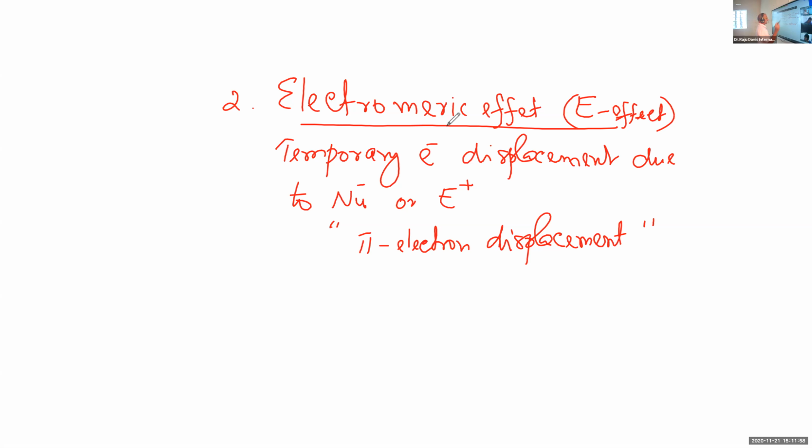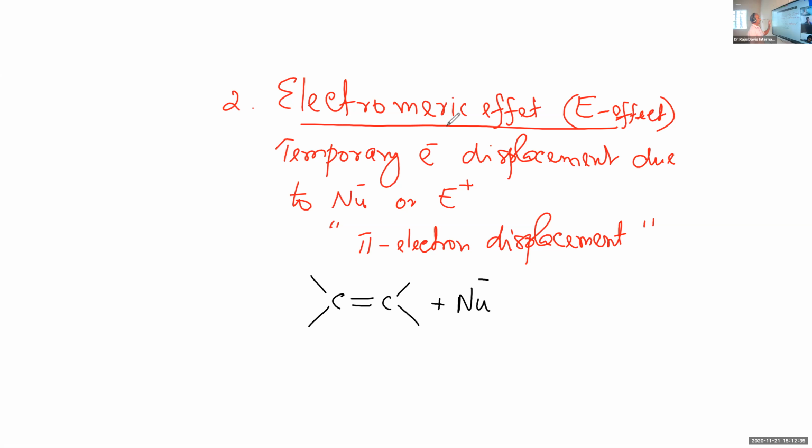Say, for example, let us take C double bond C, any carbon compound containing a carbon-carbon double bond. Now, say a nucleophile, Nu negative, is approaching the double bond.